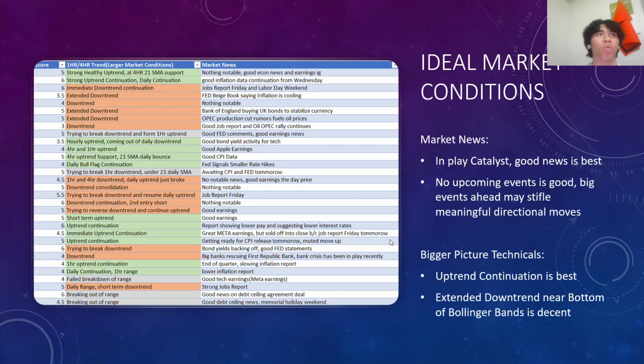So I wanted to understand what are the best market conditions that will increase the probability and decrease the probability of the setups actually failing whenever it's a perfect trade or perfect setup. So I went ahead and I identified all of the market conditions and market news. And what I found to be the best was you want it to be an in-play catalyst, and typically you want to have good news or a good reaction to the news with the in-play catalyst.